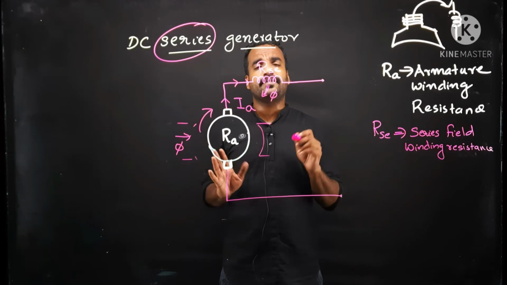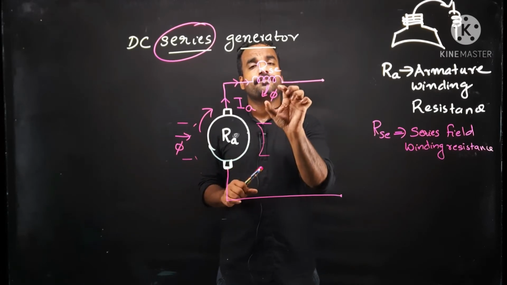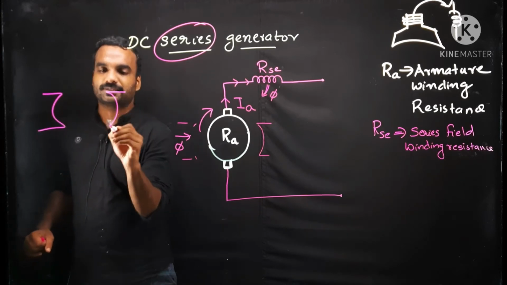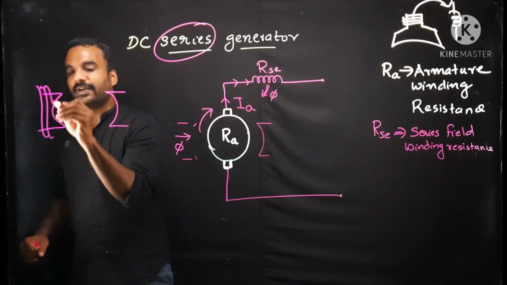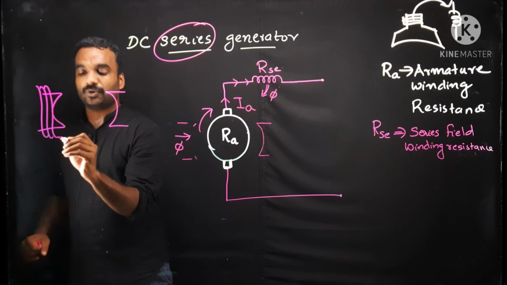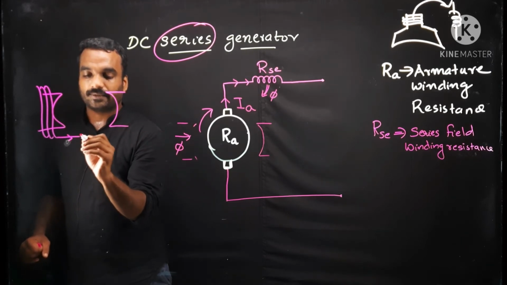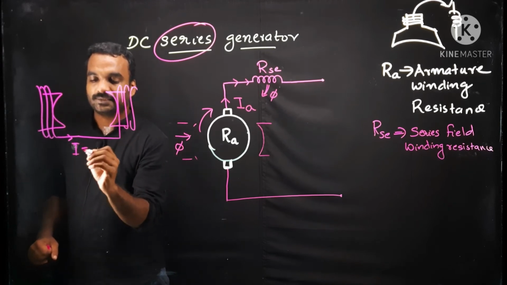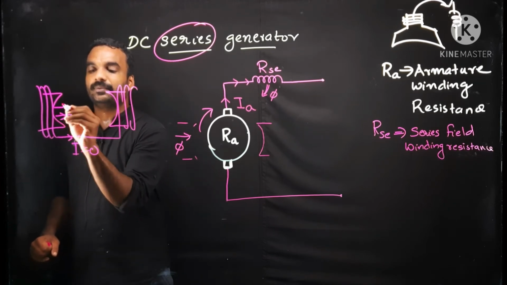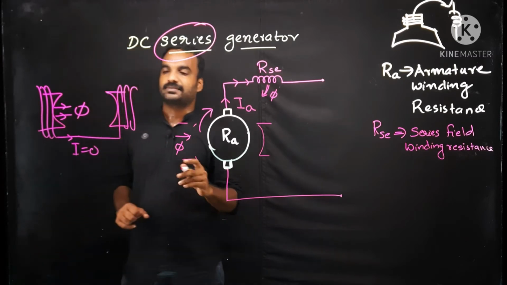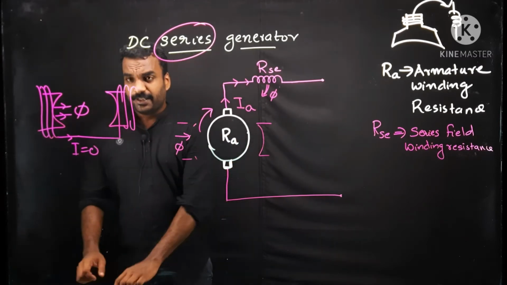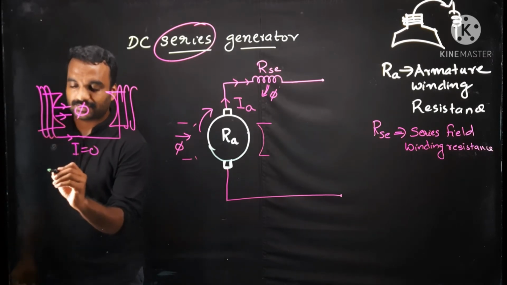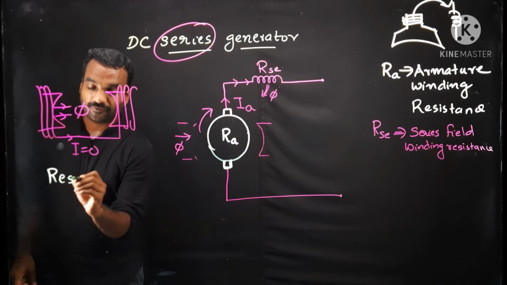But for the time being I will tell you, this field winding is like a magnet's winding; even though the current in the field winding is 0, the poles will produce some flux. Why? Even though current is 0, the poles will produce some flux. That flux is known as residual flux.